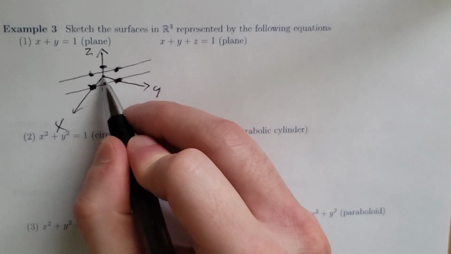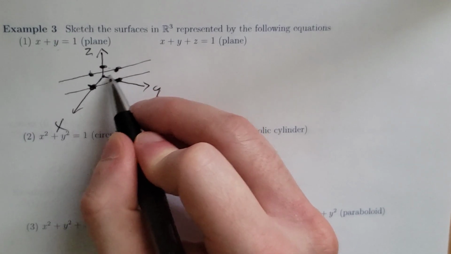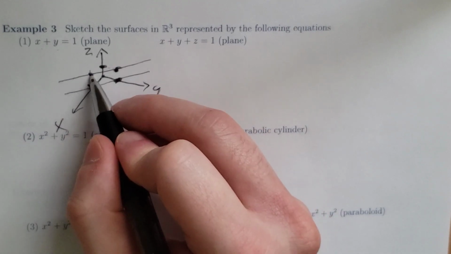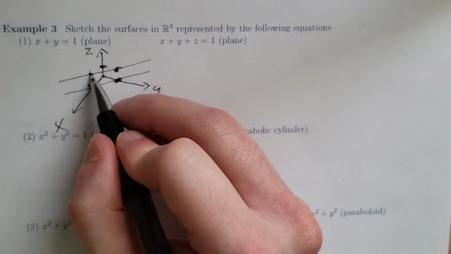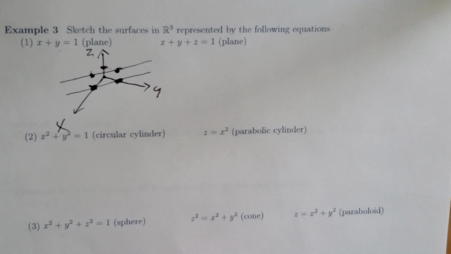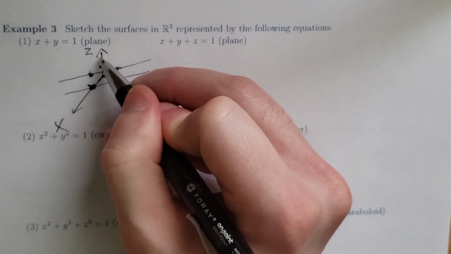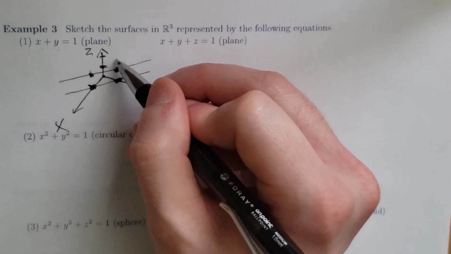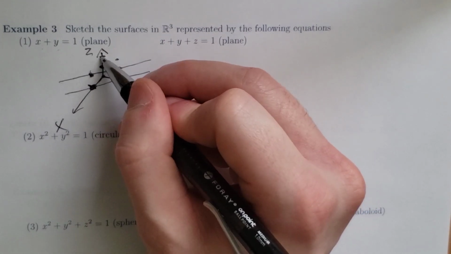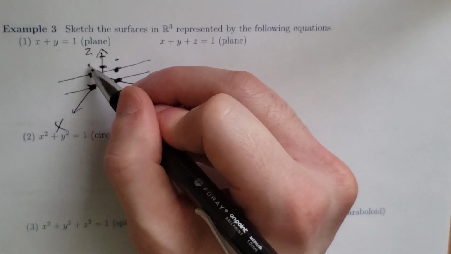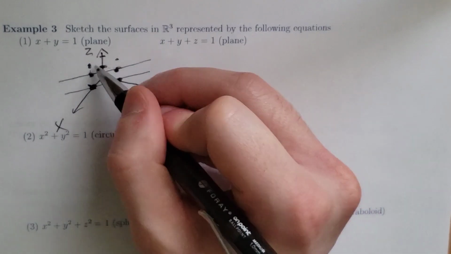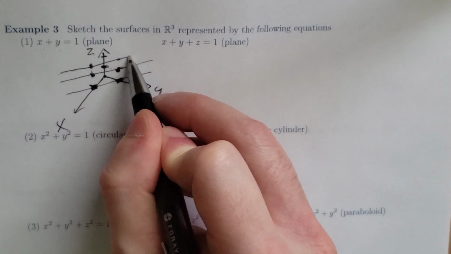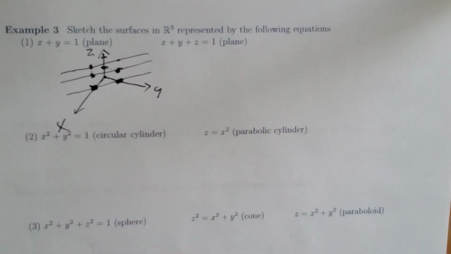Well, this point is when x equals 0, y equals 1, and z equals 1. This is x equals 1, y equals 0, z equals 1. So we also have that point. Now let's see, if z equals 2, then we can draw those points as well and draw the line between there. That line is also in this plane.